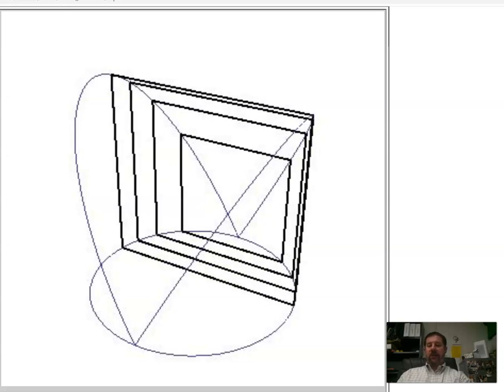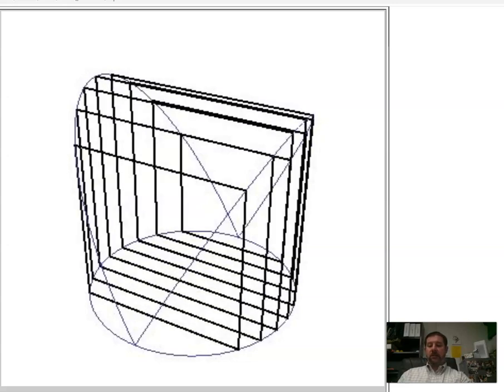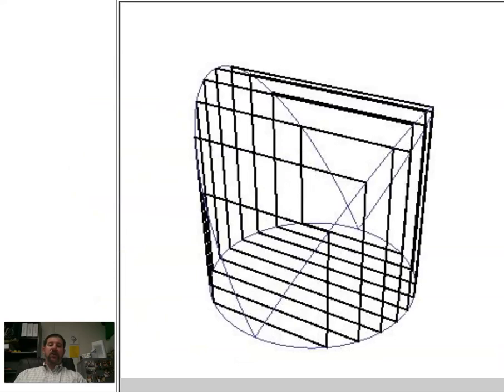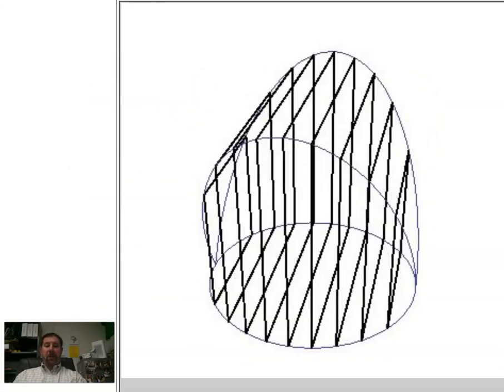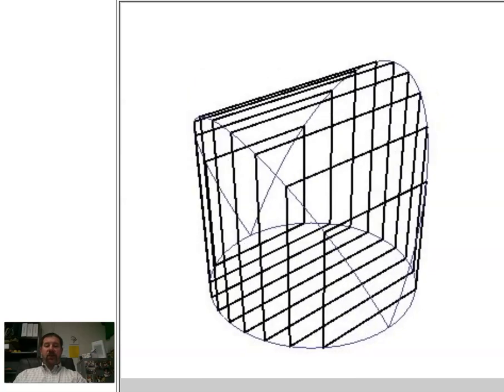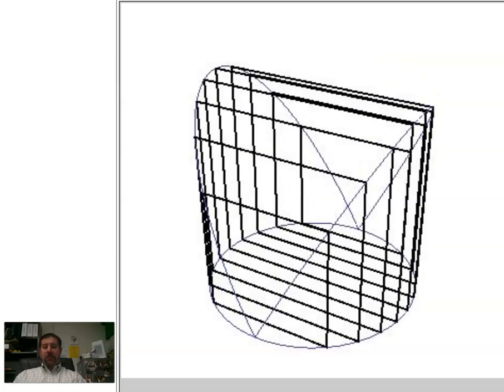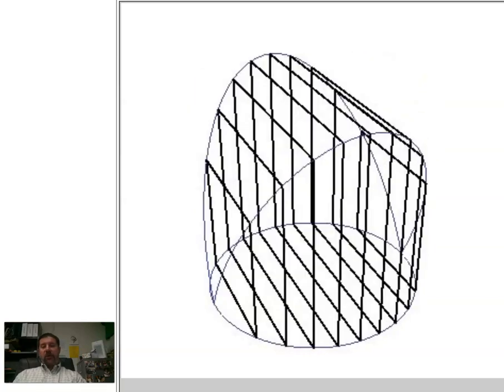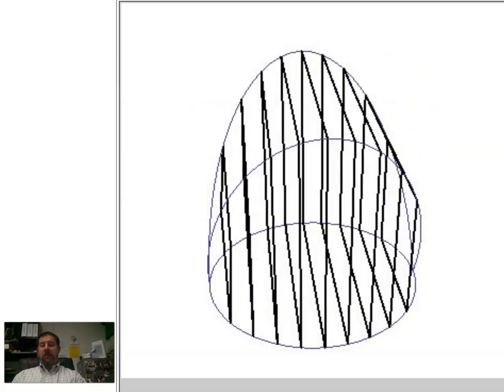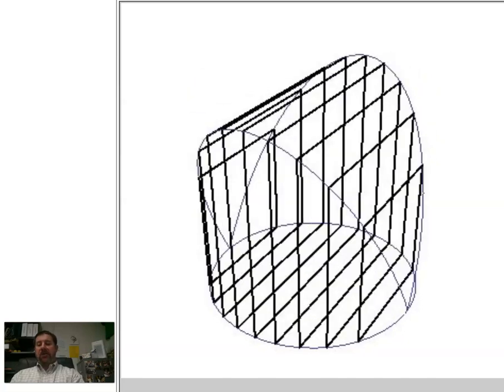All right, let me show you another look at this. Here's another look at this shape. We've got our squares already built in here. We are just going to spin it around. You can see that when you do this, that's why those lines were there. You get this interesting looking shape here.